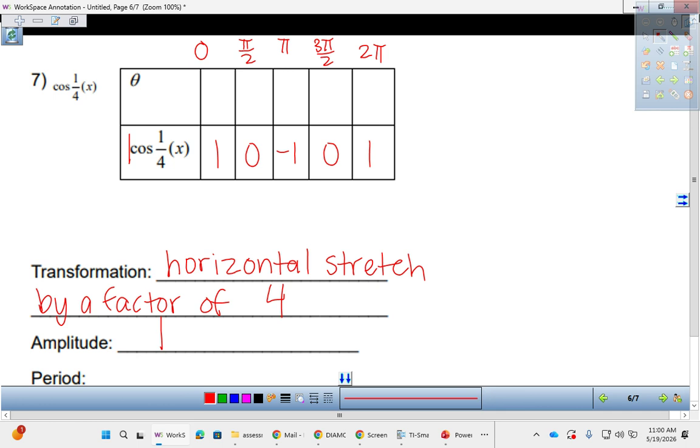I want to make them 4 times bigger. So I'm going to multiply all of these by 4. Some of that multiplication is pretty straightforward. 0 times 4 is 0. Pi times 4 is 4 pi. 2 pi times 4 is 8 pi, because 2 times 4 is 8.